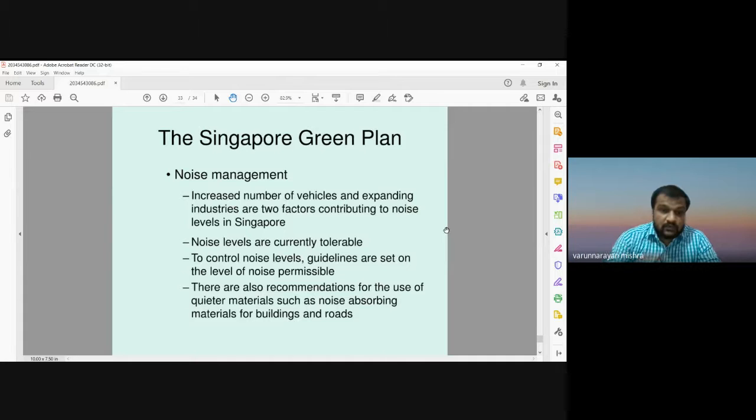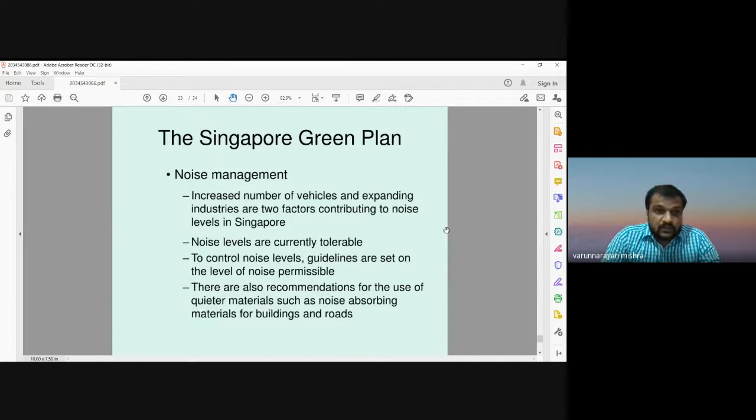To control the noise level, guidelines are set on the permissible level of noise, and there are also recommendations for the use of quieter materials such as noise absorbing materials for buildings and roads. They have started constructing buildings and roads with materials that can absorb different kinds of noises and sounds.